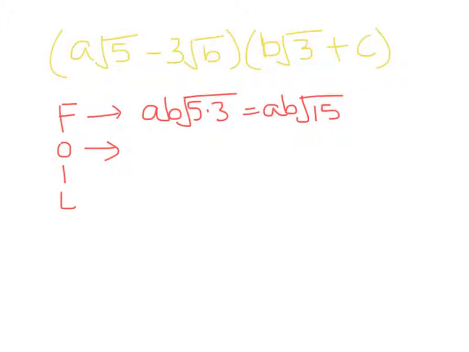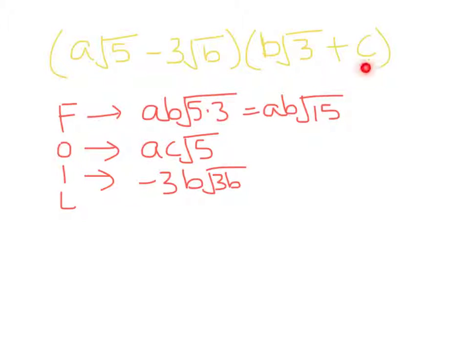Our outer terms are a times the square root of 5 and c. So that gives us ac times the square root of 5. Inner terms, we have minus 3 square root of b and b times the square root of 3. So that gives us minus 3b times the square root of 3b. And our last terms, minus 3 square root of b and c.